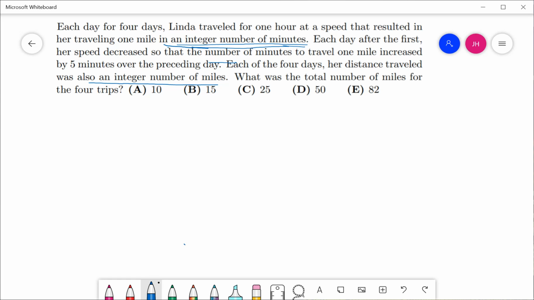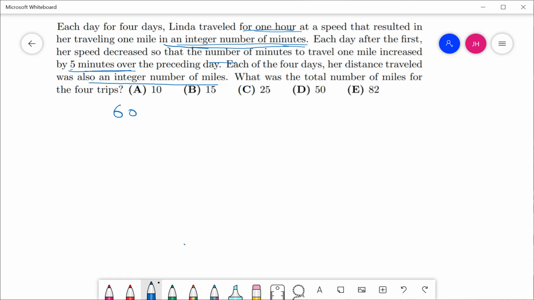And that's not only for the first day, but also for the following days, because each day after the first, the time it takes her to travel a mile will be 5 more minutes. We know that she traveled for an hour on each day. So let's convert the hour to number of minutes first. So that's 60 minutes for an hour.